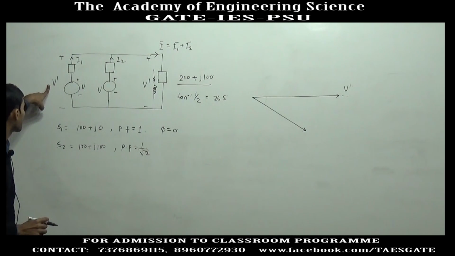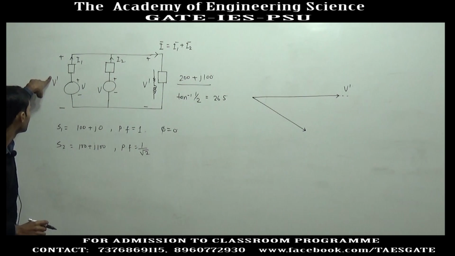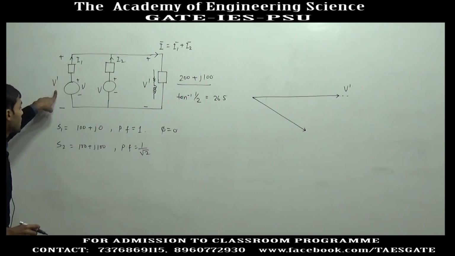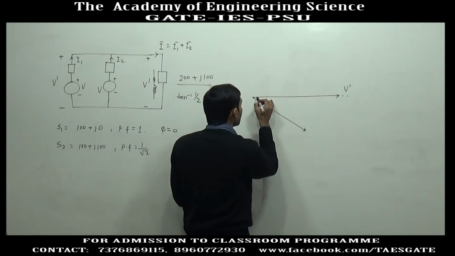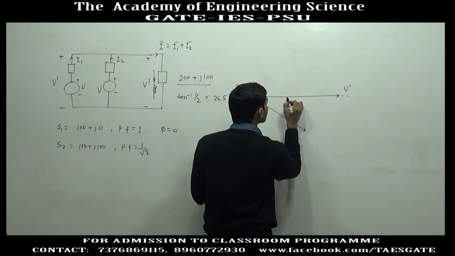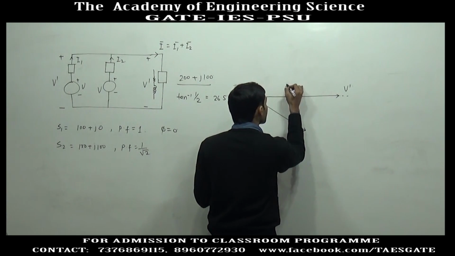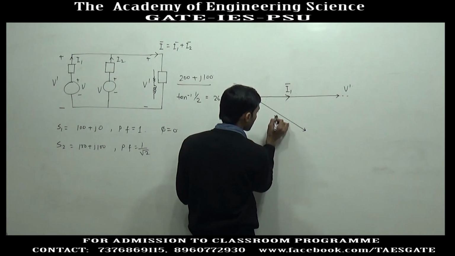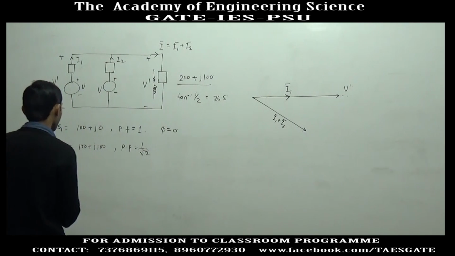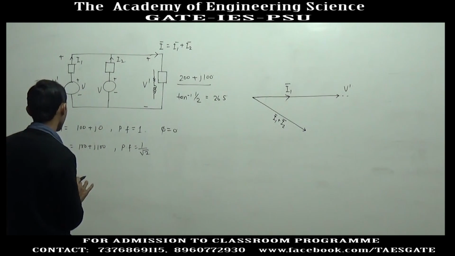It means there is no angle difference between V dash and I1, so I1 will be in the direction of V dash. This is the I1 vector, and this is the I1 plus I2 vector.